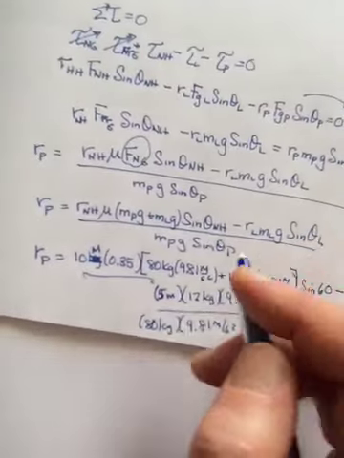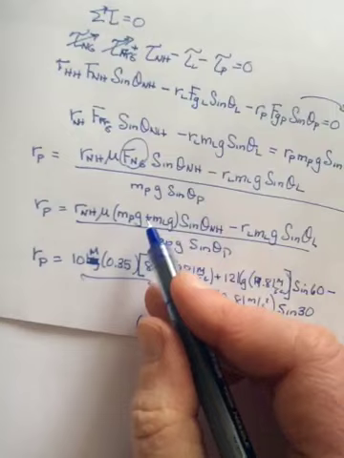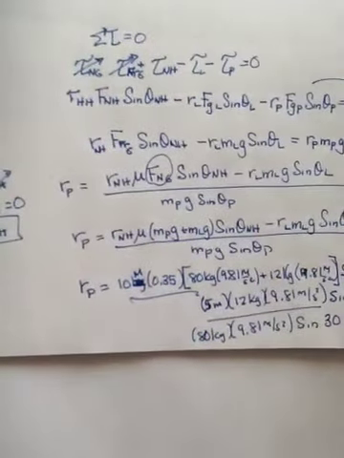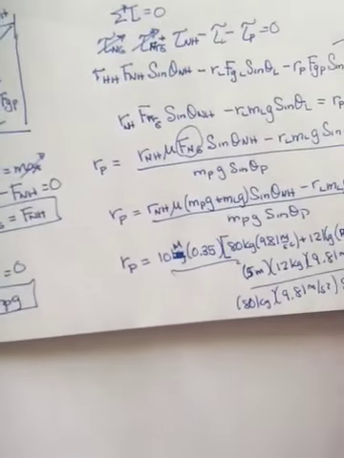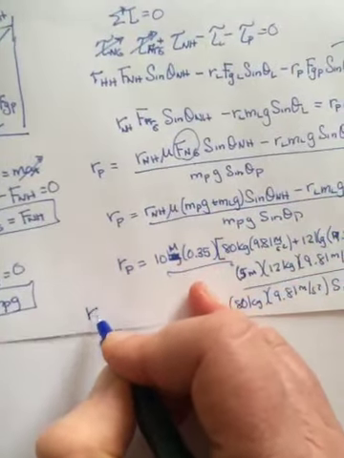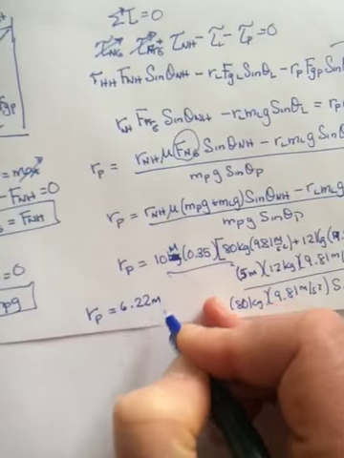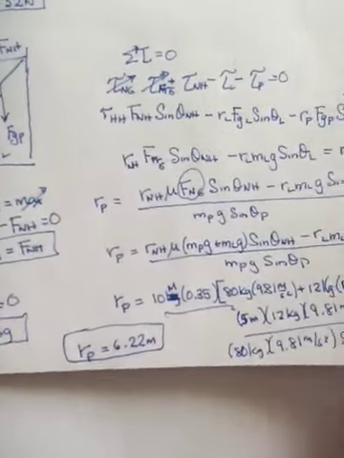Now, to save some marker ink and some space, you could have canceled out all the 9.81s because the G's are in every term up here. But we didn't, so you got to calculate it all out. Carefully punch this in your calculator, and you should get an R of the person to be 6.22 meters. Okay? And there it is.